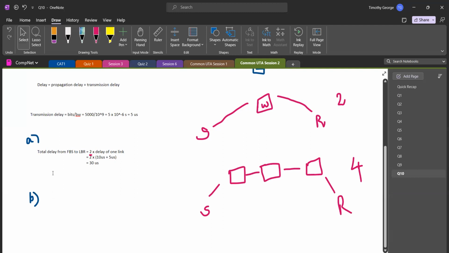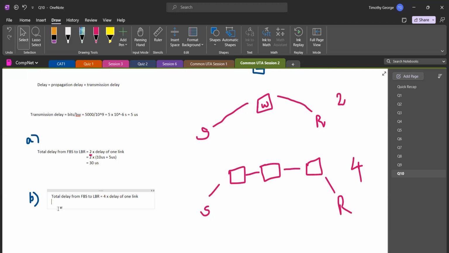The total delay from FBS to LBR is 4 into the delay of 1 link, which is 4 into 10 microseconds plus 5 microseconds.